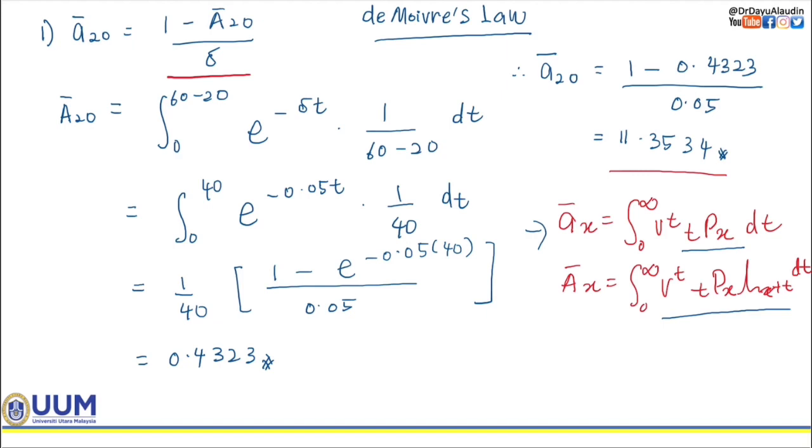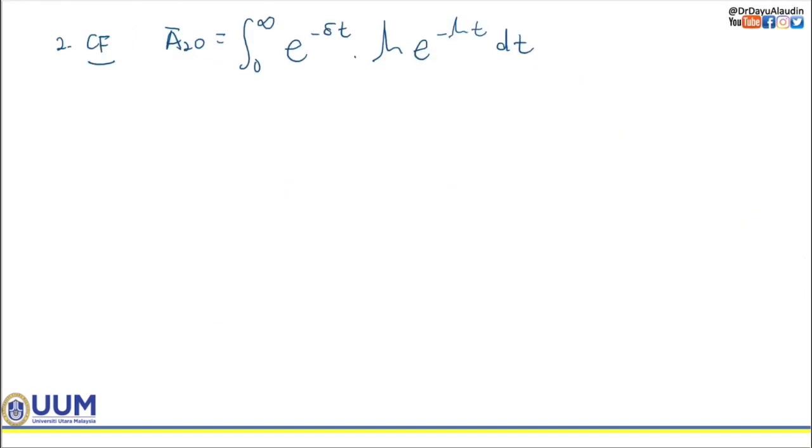And now we can find it for the constant force case. So this is for v^t, and this is tpx mu x plus t. I put the constant in front. Since mu is constant, mu x plus t is equal to mu, and tpx is equal to e to the negative mu t.